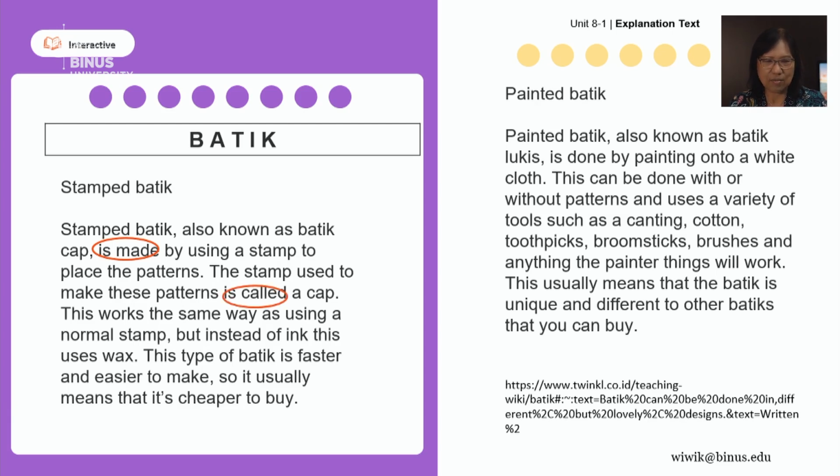Second one is called, is done. Can be done. Can you find another one? No. Oh yes.